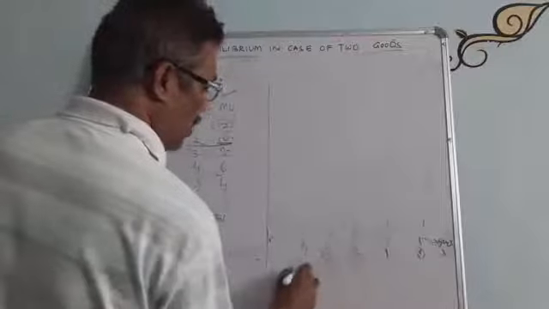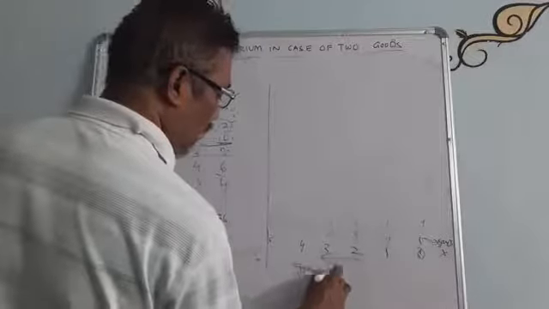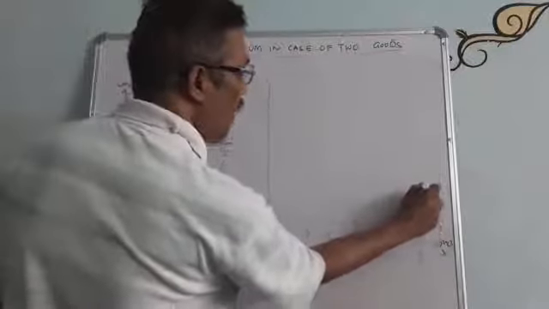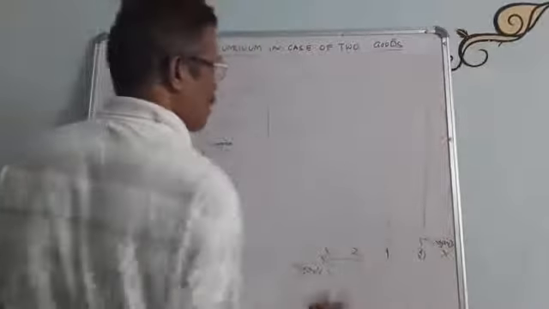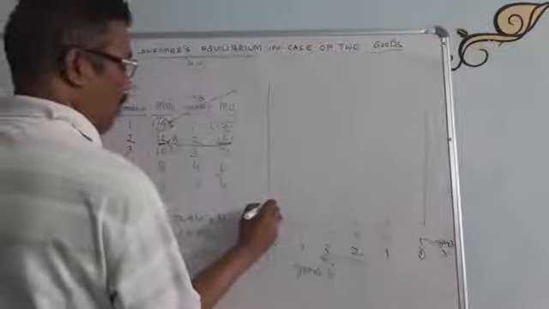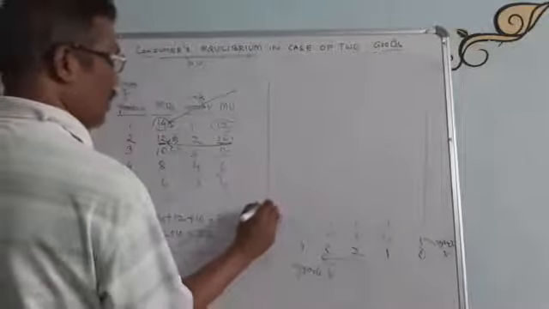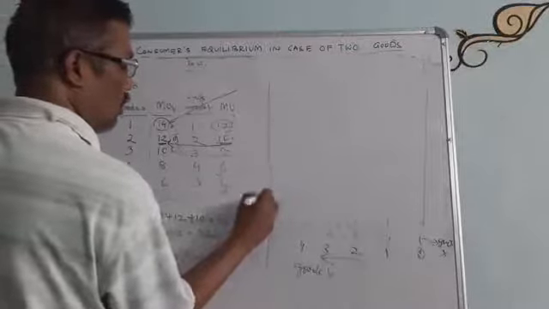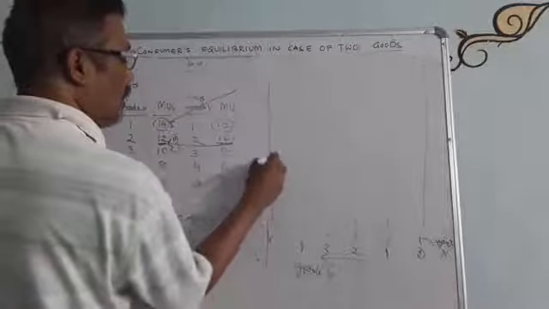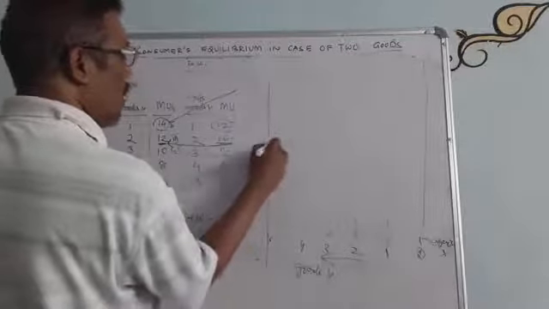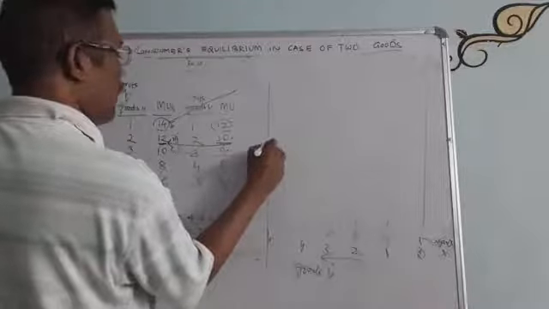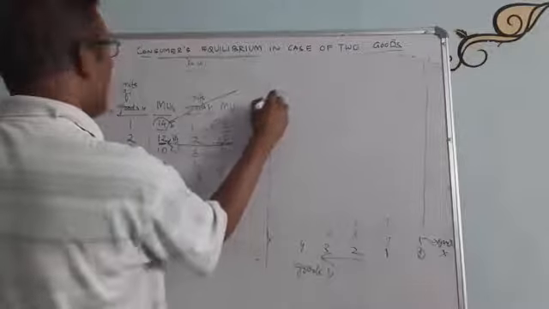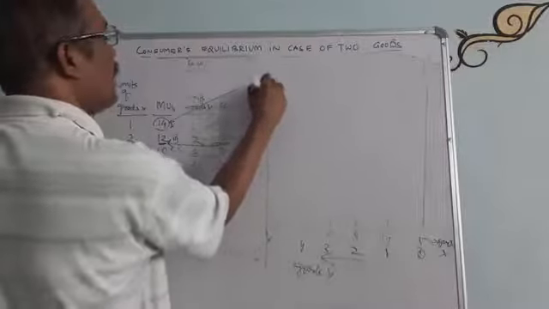This is measured by goods Y. 2, 4, 6, 8, 10, 12, 14 and 16.